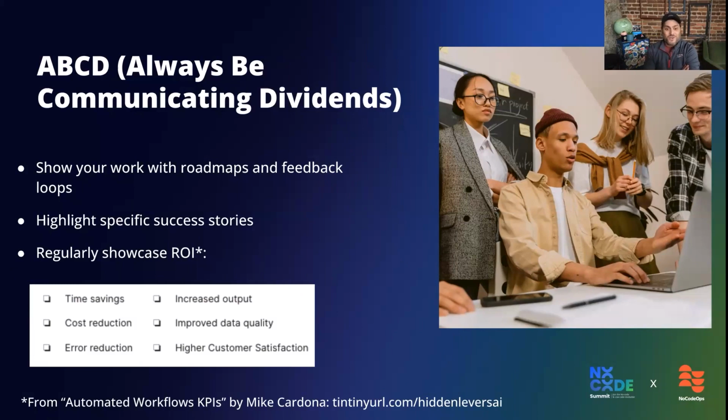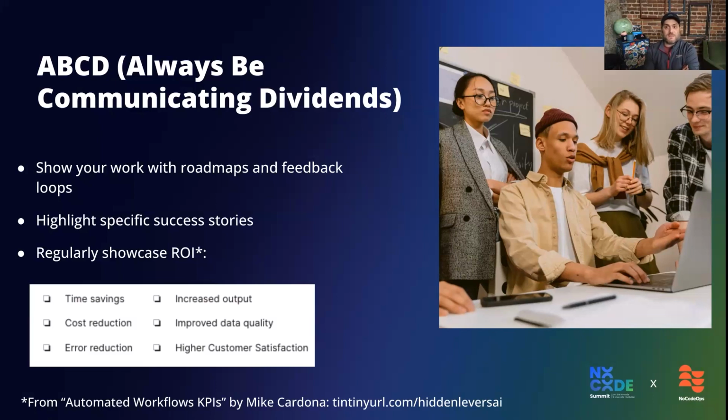I stole all of these, by the way, from my buddy Mike Cardona, with his permission, of course, as a friendly steal. He has an entire worksheet on Notion called Automated Workflow KPIs. I put the link here: tinyurl.com/hiddenleversAI.